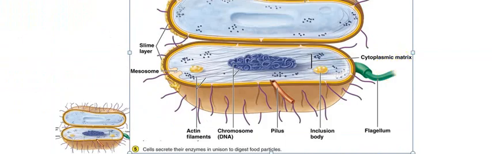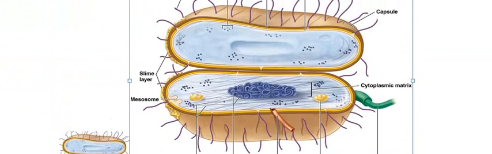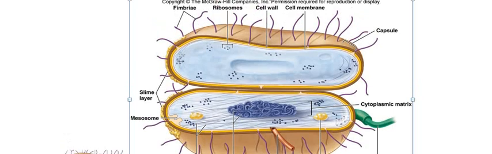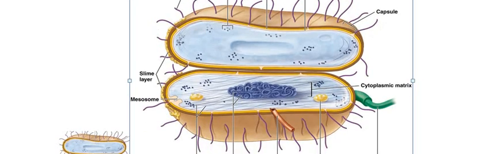For the domain Bacteria, you can see from the outside the capsule, followed by a cell wall of peptidoglycan, and innermost the plasma membrane of phospholipid.